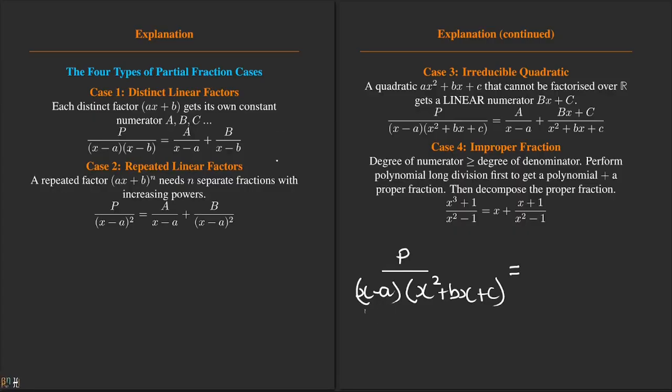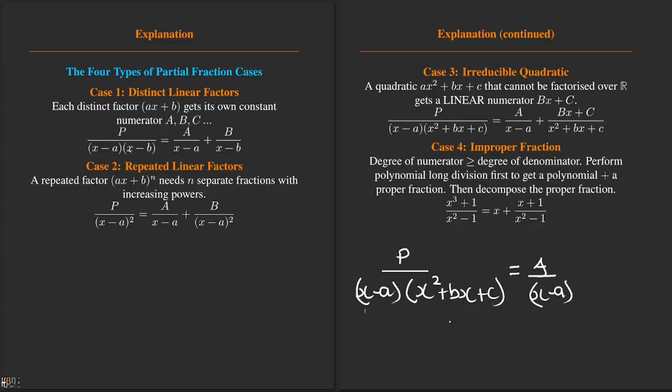We said with the linear factor, all we do is give it a constant, so A over x minus a. Now for this second factor, it may be that you cannot reduce it. For such, we call them irreducible quadratics. There is no way you can reduce it. That is, there is no way that if you find the factors of c and then add and subtract them, you are getting the b.